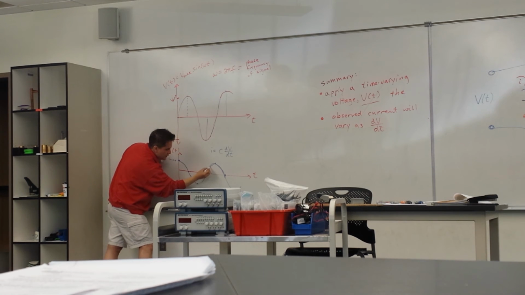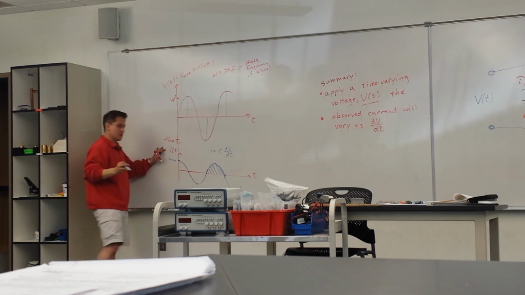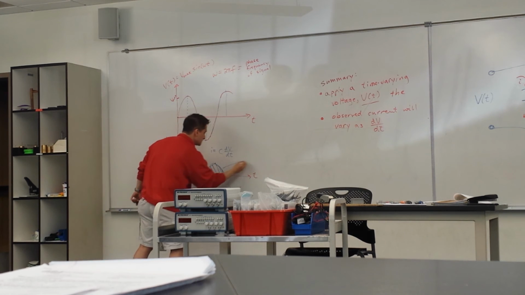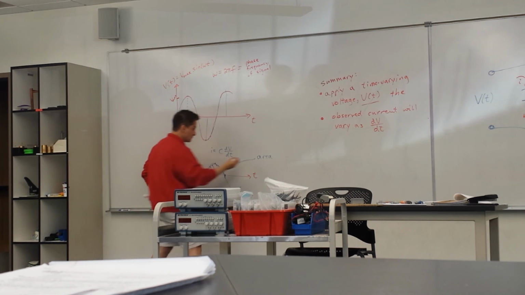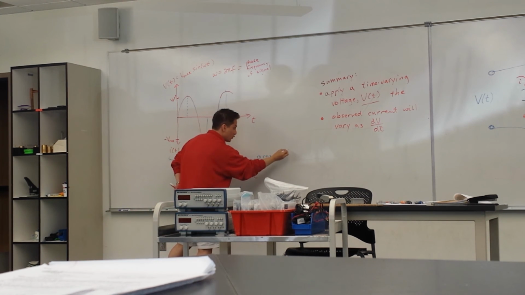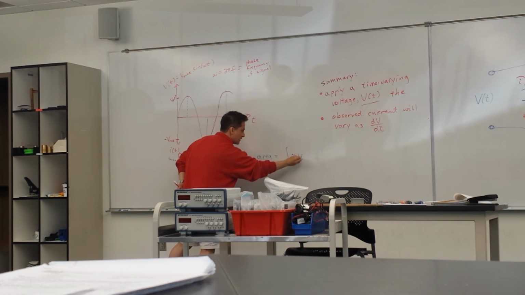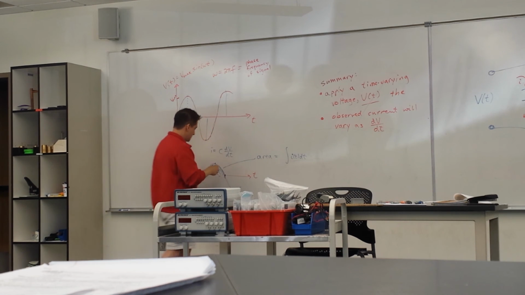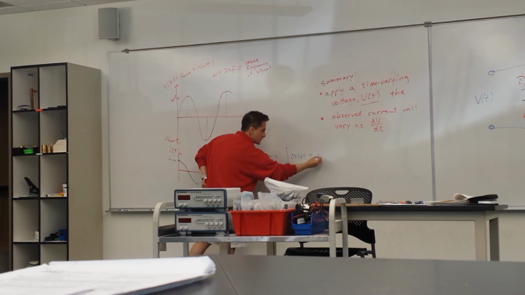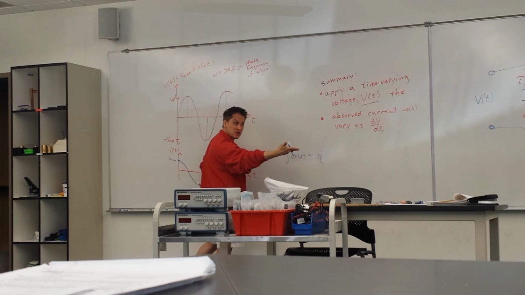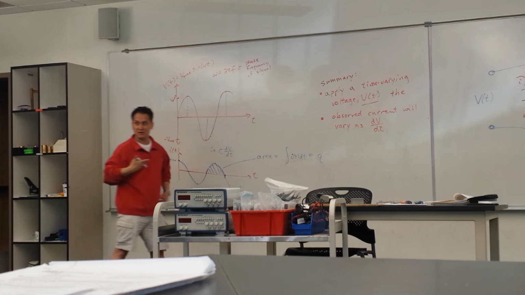The area under this graph, if we were to calculate it, would be integrating the current as a function of time, dt, where I is defined as some function of time. This would correspond to the total charge during the storing process, or the charge that's flowing into the capacitor.